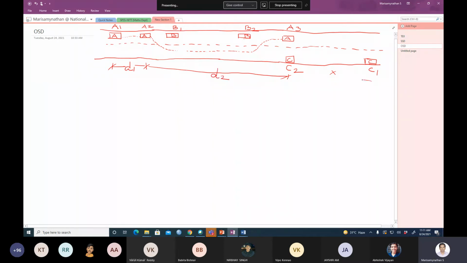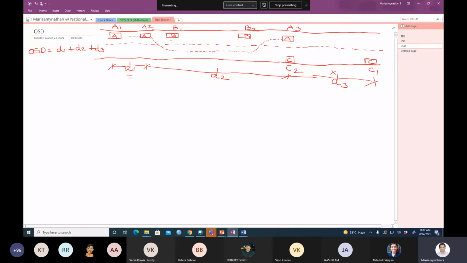At the same time, the journey made by the opposite vehicle is considered as D3. So when you add all the distances together, you get the overall overtaking sight distance: D1 plus D2 plus D3.